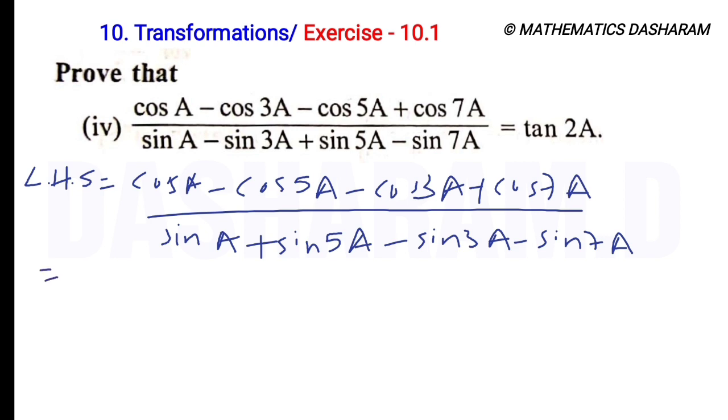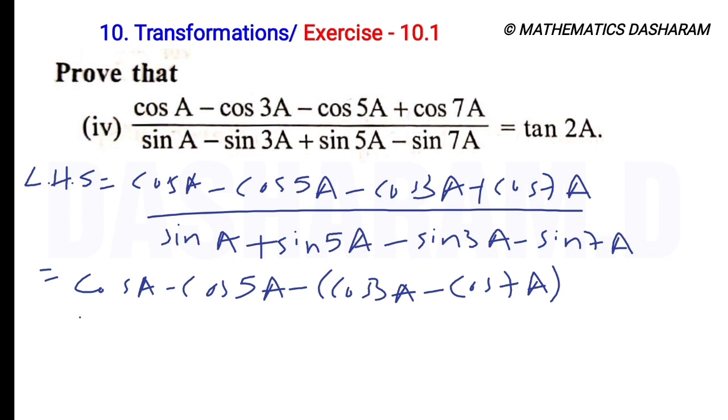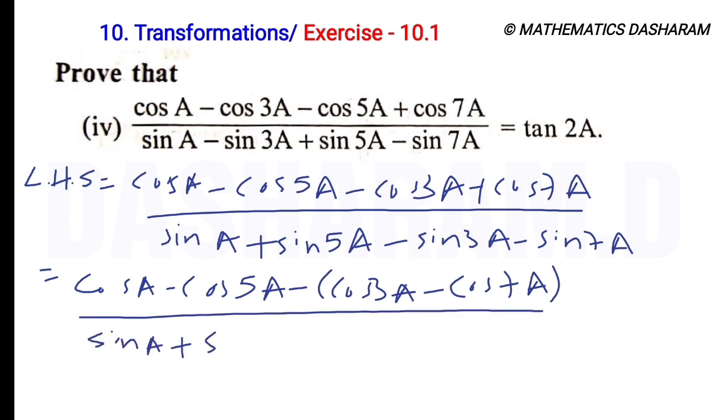minus sin 3a minus sin 7a. So it is equal to cos a minus cos 5a. From these two take the minus common, so minus (cos 3a minus cos 7a), divided by sin a plus sin 5a, and from these two take the minus common, so minus of (sin 3a plus sin 7a).